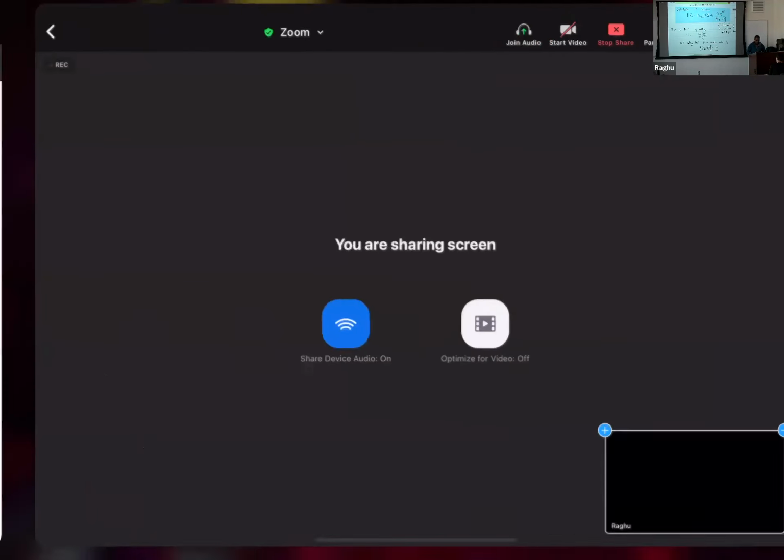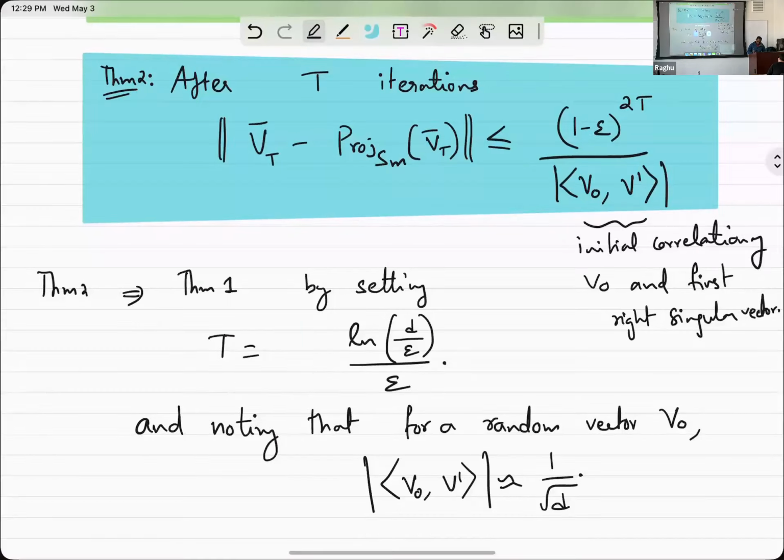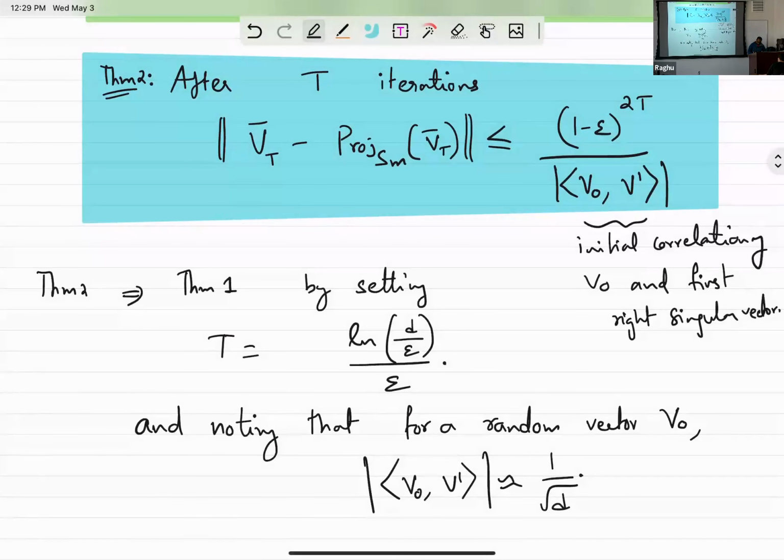For the random thing, that requires some concentration bound. But basically, this is a standard fact in high-dimensional geometry: if I pick a random vector, then each of my coordinates is roughly 1 over square root d. It's a unit vector, the sum of squares should be 1, and all of them are equally good.